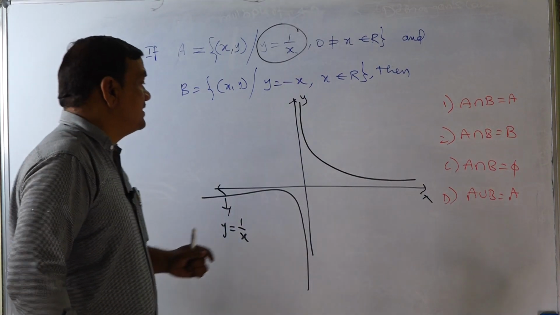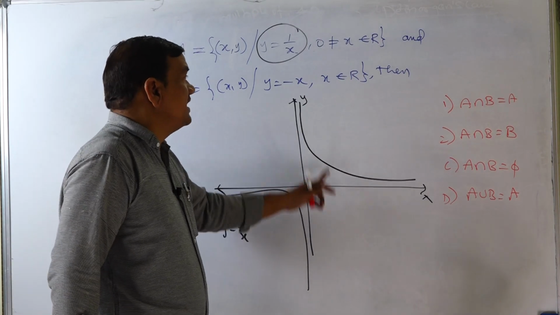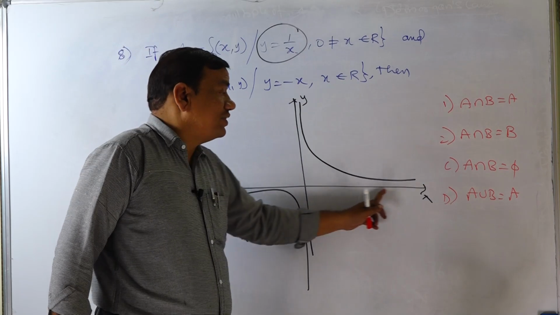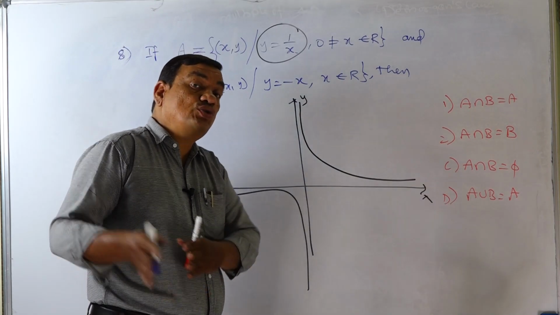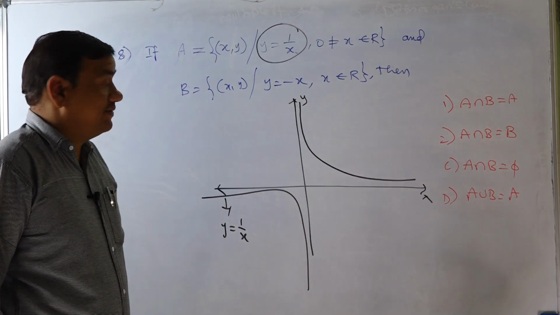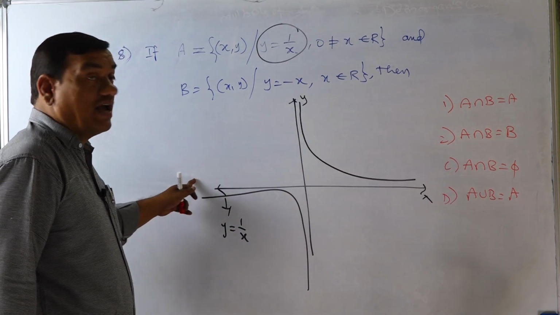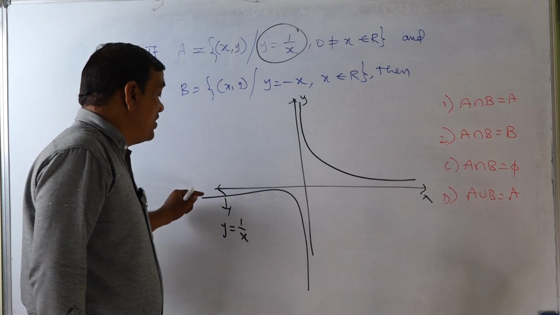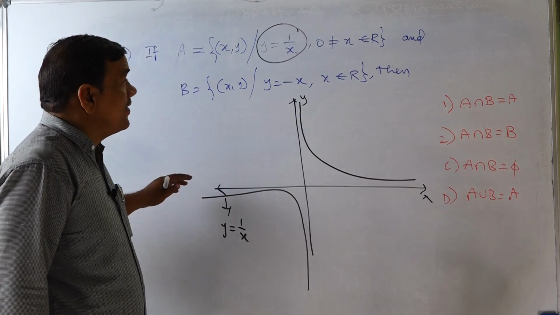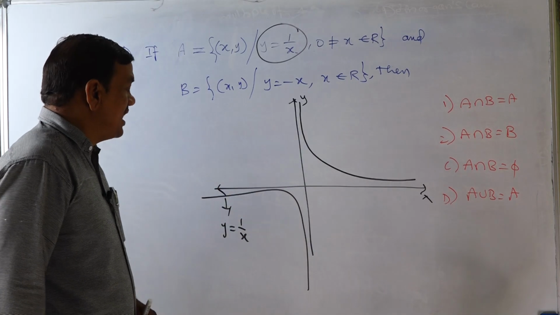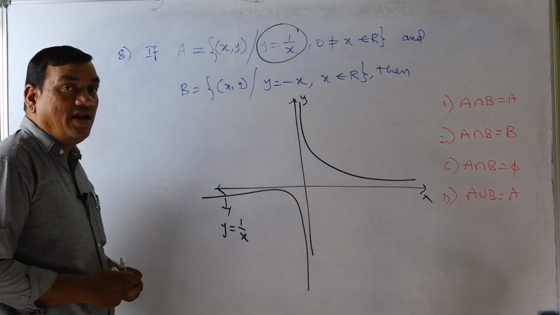That means as x value increases, the y value decreases, and it tends to plus infinity. Here also, as x value decreases, your y value goes on increasing. Understand? So this is the graph of y is equal to 1 upon x.